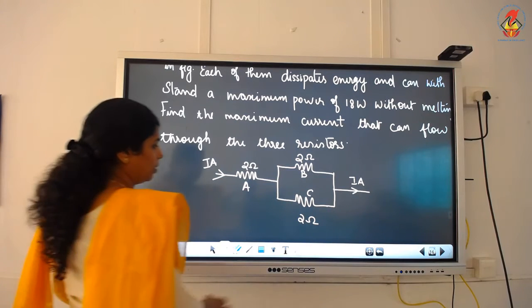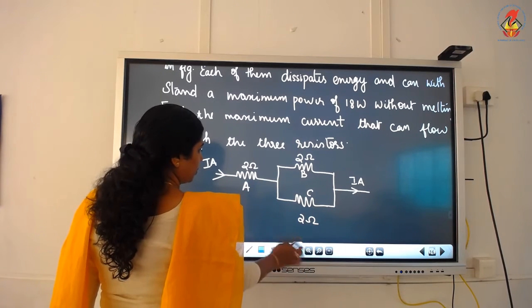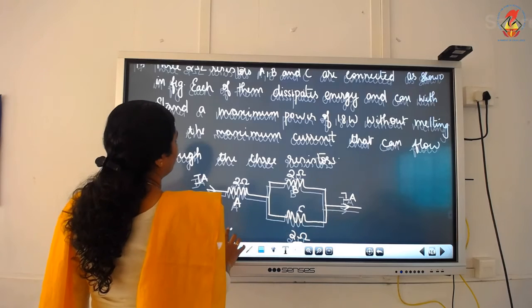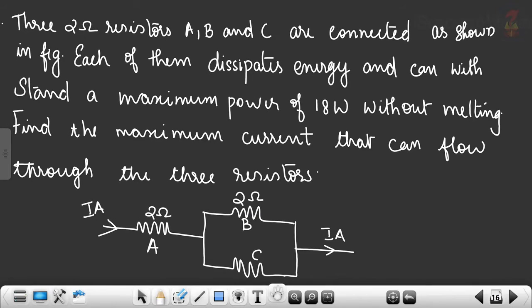Next question. 3 resistors of 2 ohm, A, B, C are connected as shown in the figure. Each of them dissipates energy and can withstand a maximum power of 18 watt without melting.